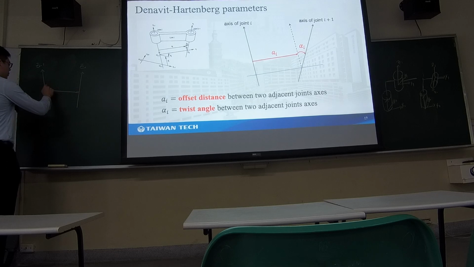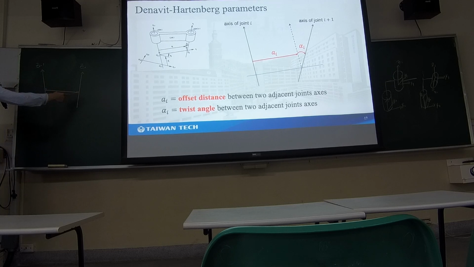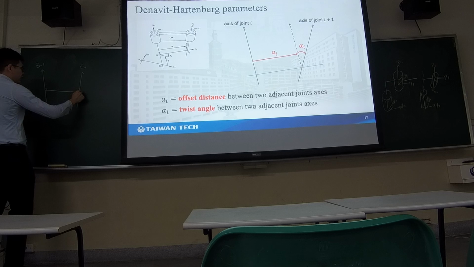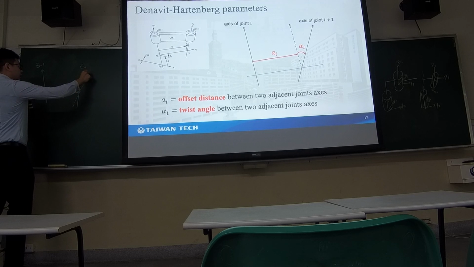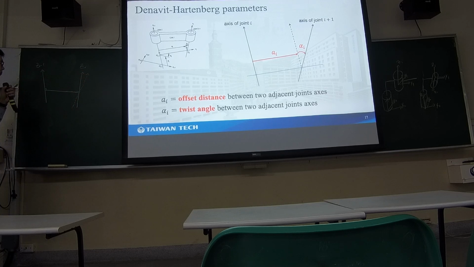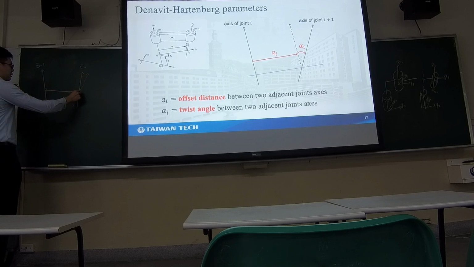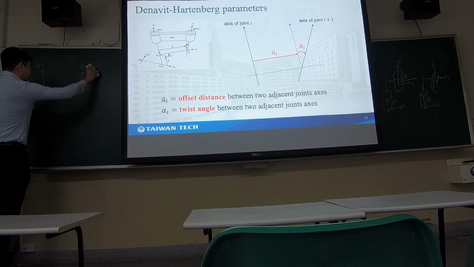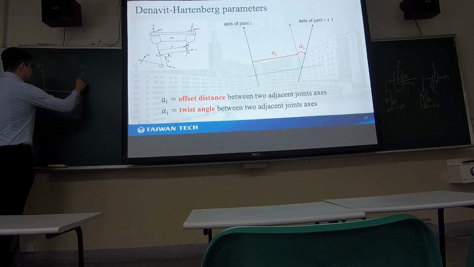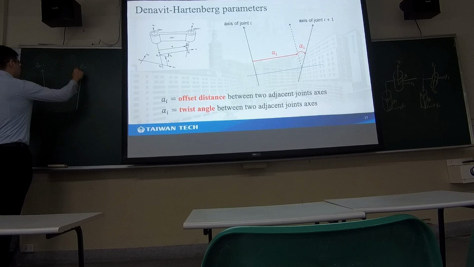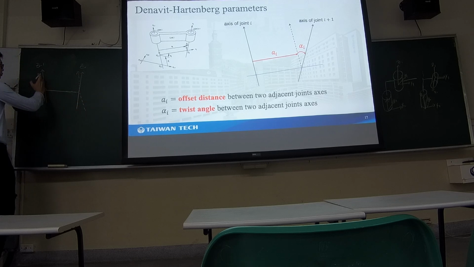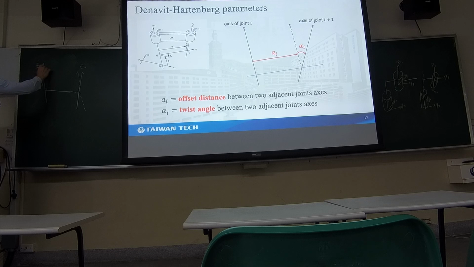These two axes are perpendicular to this line, and if we observe this axis over here and this distance, we offset this z i minus 1 to here.